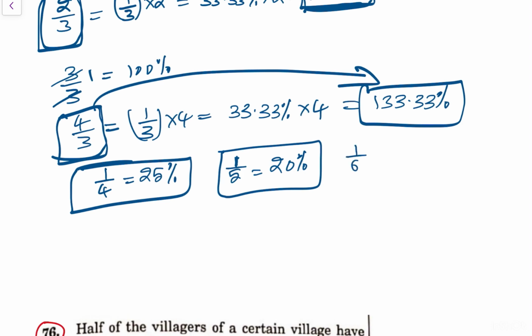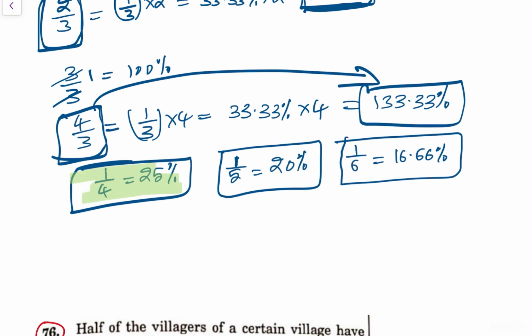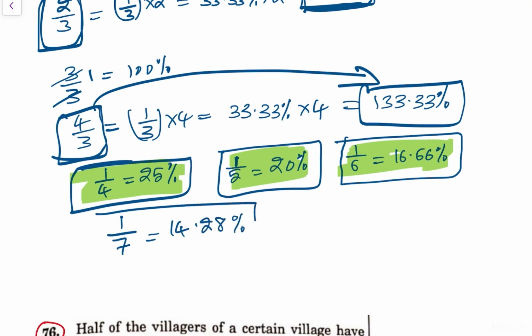Then 1 by 6 is equal to 16.66%. These things you need to remember, try to remember them. 1 by 4 you already remember, 1 by 5 is 20%, 1 by 6 is 16.66%. ठीक है, again 1 by 7 is equal to 14.28%.